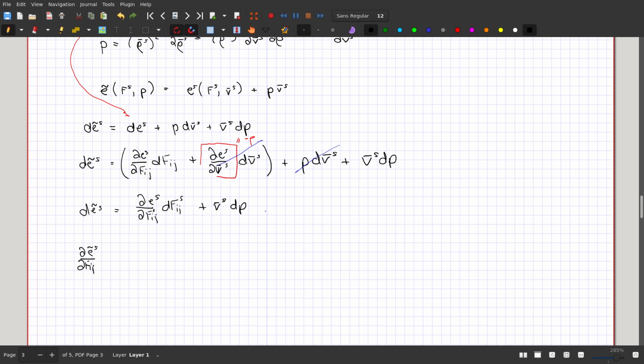Okay, and that gives me partial E tilde partial F_ij holding P fixed is equal to partial E_S partial F_ij holding V fixed, and partial E tilde partial P holding F_ij fixed is equal to V.